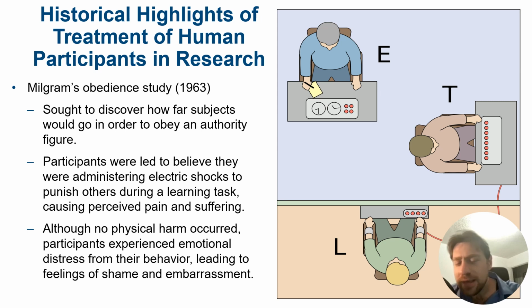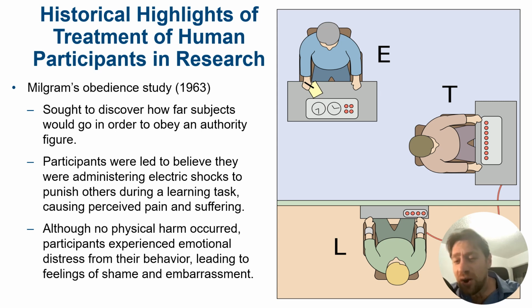Meanwhile, the experimenter, the authority figure, tells you you must keep going. It is critical that you keep going. It is essential that we continue this study. And the question is, how far are people willing to go when obeying an authority?